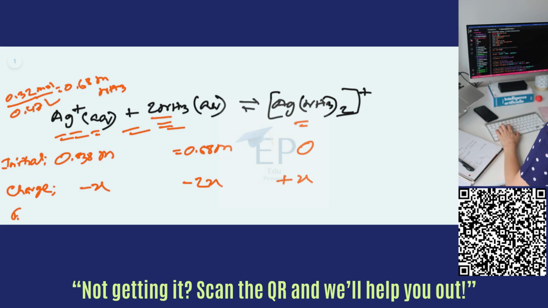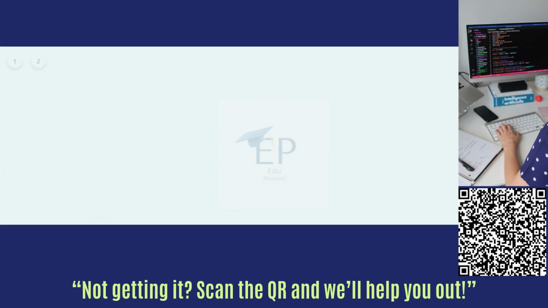And then at equilibrium, we will have 0.38 minus x, 0.68 minus 2x, and then x here. So now let's arrange them in the form of the equilibrium constant.